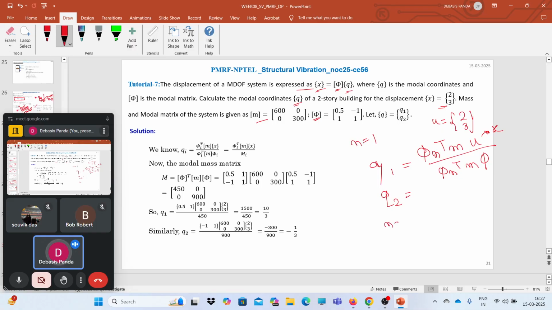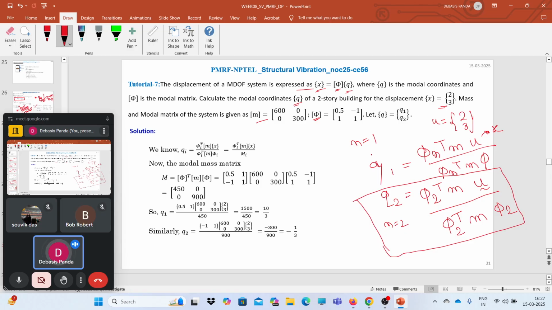For q2, n will become 2. That means phi 2 transpose m u vector divided by phi 2 transpose m phi 2. Now we need to solve these two matrix operations. First one is this and second one is this.